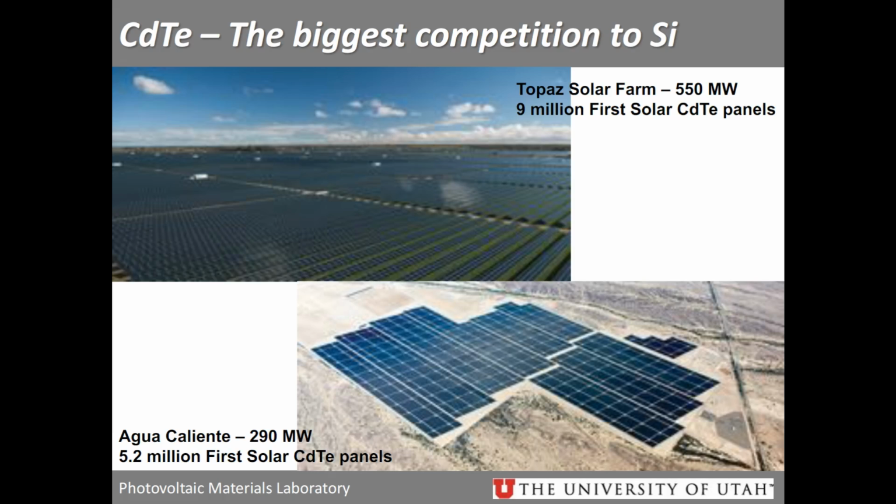So one is the Topaz Solar Farm, where currently they are operating these cattail panels for 550 megawatts, and the other is the Agua Caliente, which is typically at 290 megawatts, still pretty lower than China, but where you have these first solar cattail panels.